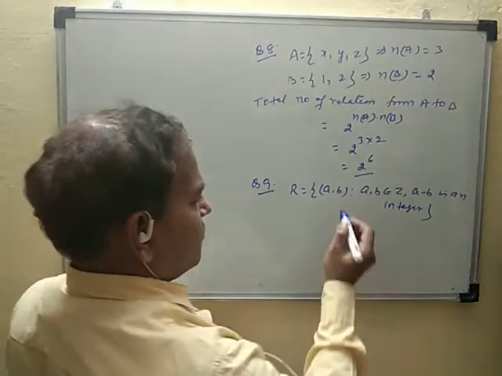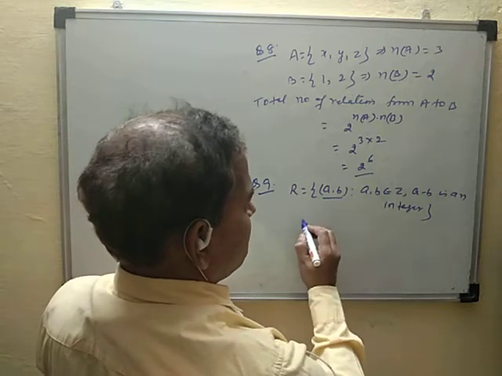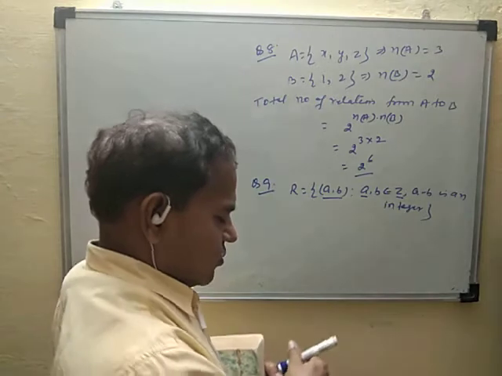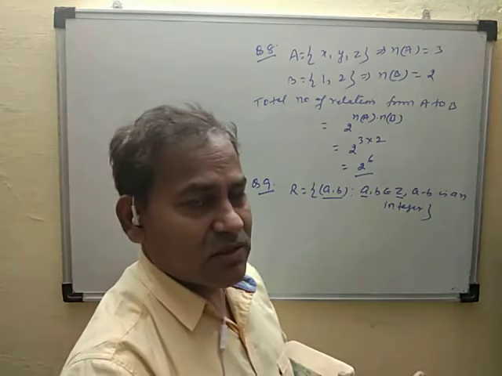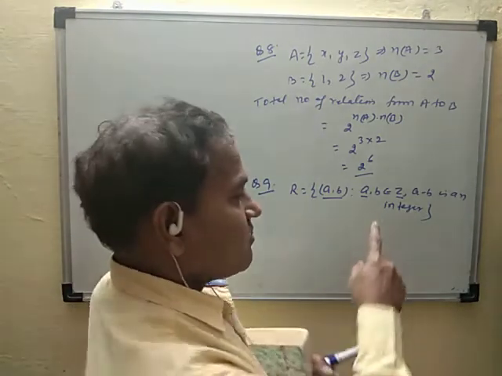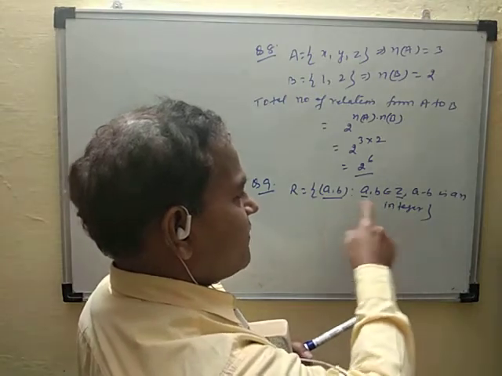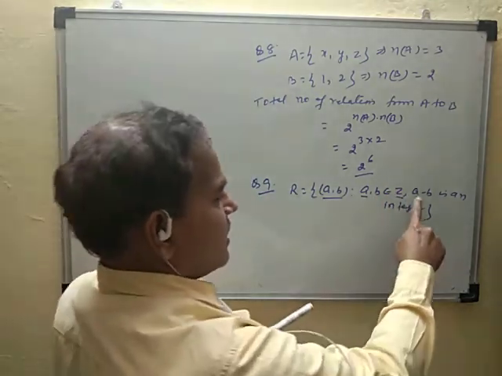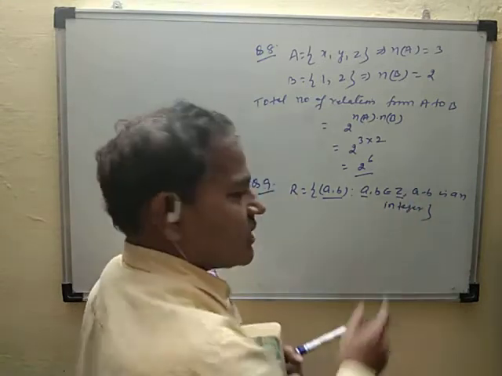So what is given? R is equal to (a, b), where the first entry a belongs to Z. So the value of a is the set of integers, because a belongs to Z, b also belongs to Z, such that a minus b is an integer.